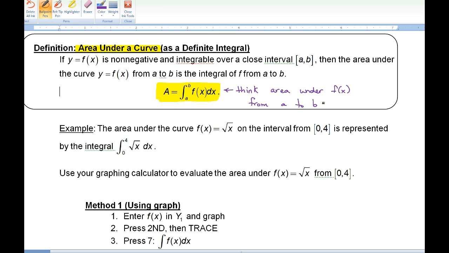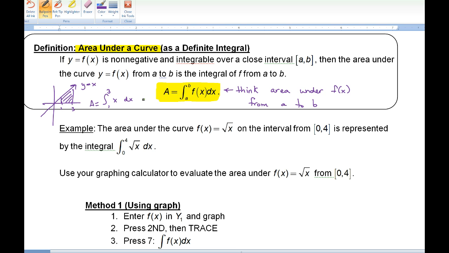Okay. So imagine for a minute, just take a line. Let's just say I have the line y equals x, just as an example, and let's say I have from 1 to 3. Could I figure out the area under that curve from 1 to 3? What's our function? f of x, I'm just going to use x as an example.